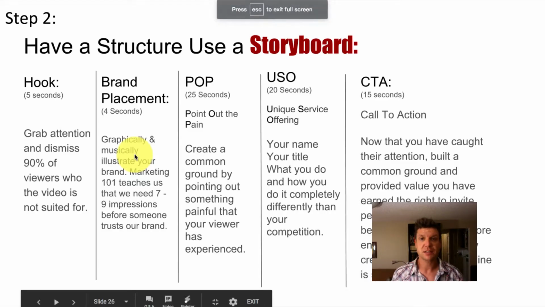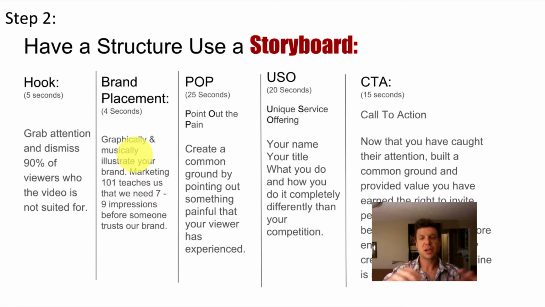And in this case, somebody just typed in pizza shops near me or pizza shops in insert your neighborhood. You're going to want to grab their attention with that same keyword. So the hook is pizza shops in Englewood, Colorado. Follow me. Let's go. The next is the brand placement. That's what we're going to create next, an animated text to increase the production value of your video.